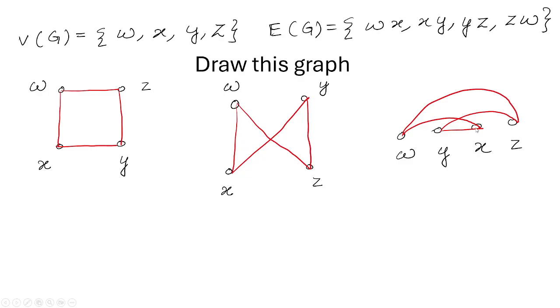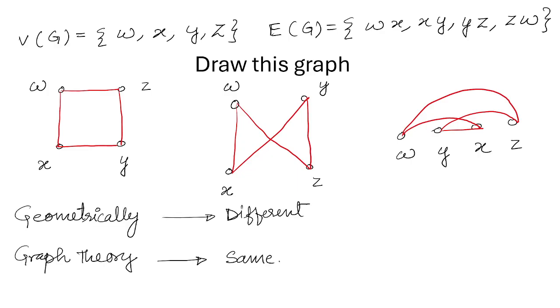Likewise, X is adjacent to W and Y, and Z is adjacent to W and Y. So they are the same. Only the orientation has been changed. Geometrically they look different, but graphically they are the same.